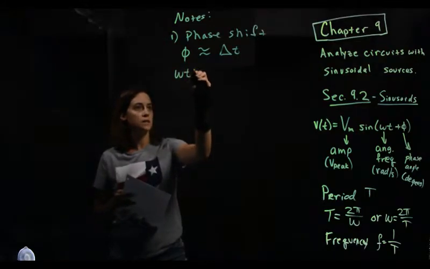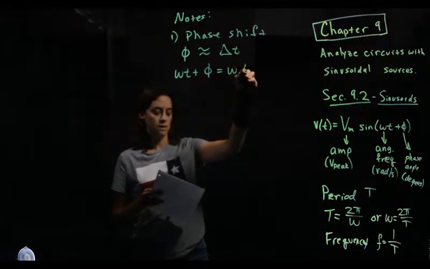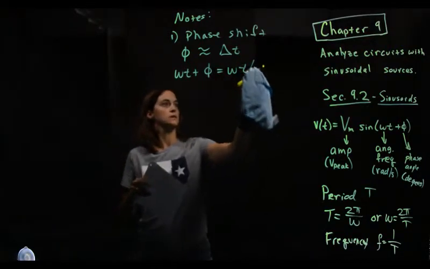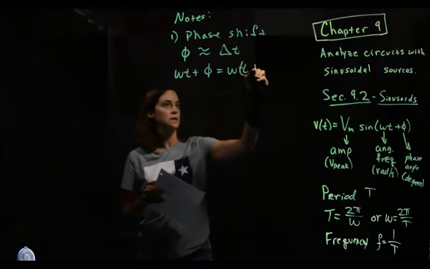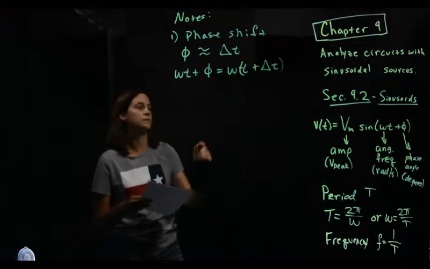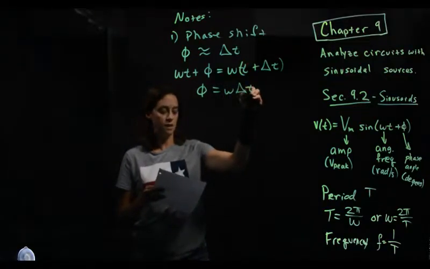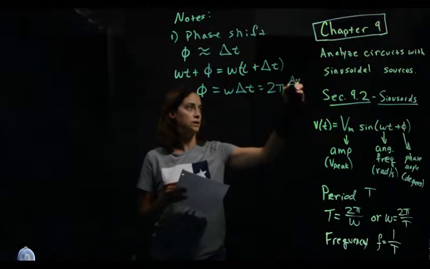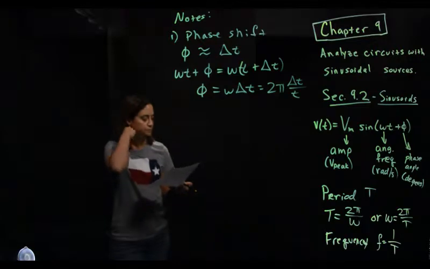So our omega t plus phi, we could say that's omega times t plus delta t, so some time shift, our delta t, meaning that our phi is omega delta t, or 2 pi delta t over T. Just another way to look at that phase shift.